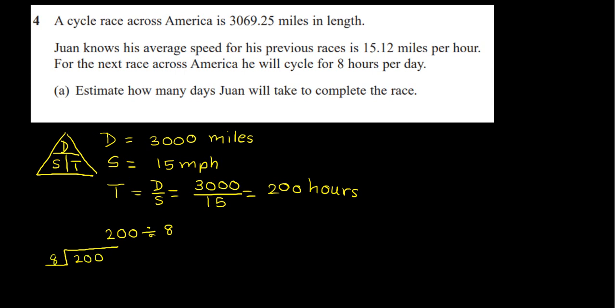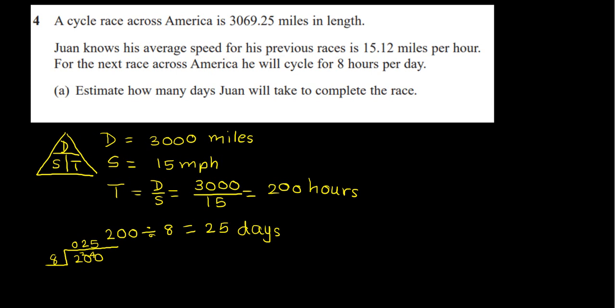Okay, 8 goes into 2 0 times, remainder 2. 8 goes into 20 twice. 8 times 2 is 16. 20 take away 16 is 4, so that's my remainder. 8 goes into 45 times, so that's 25 days it should take him. That's my estimate.